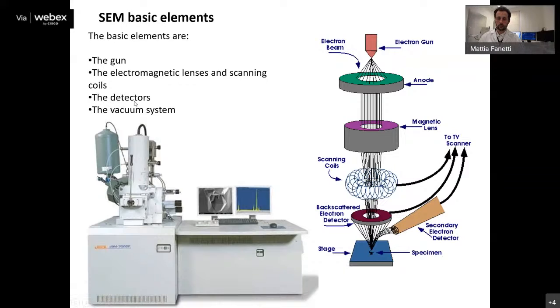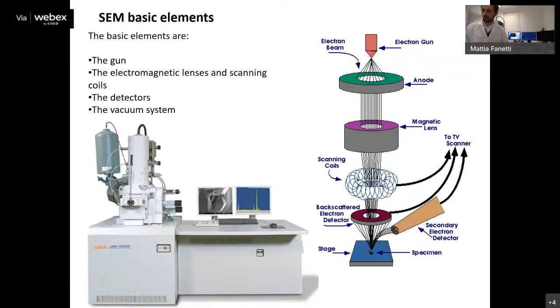Then we have the detectors of different signals: secondary, backscattered, EDX, and so on. And of course, we need a vacuum system, because I didn't tell you, but all this apparatus is under vacuum.